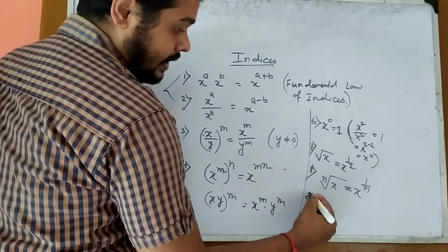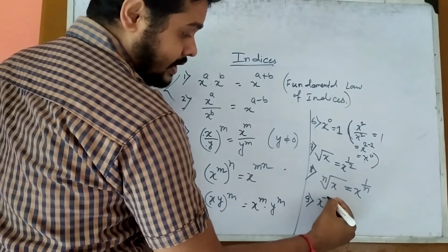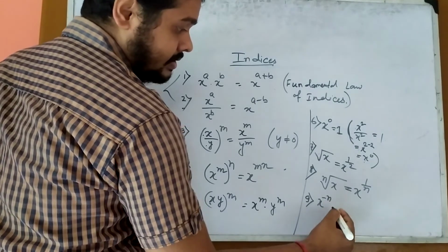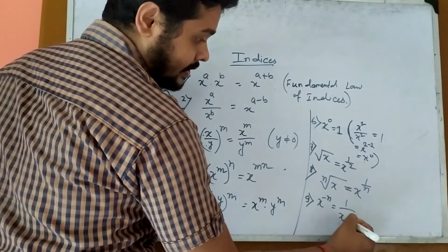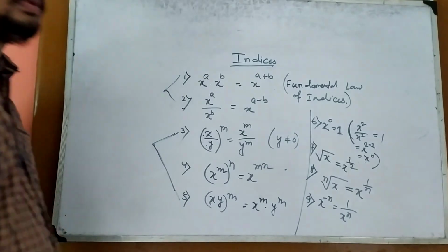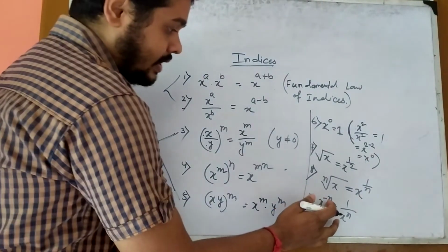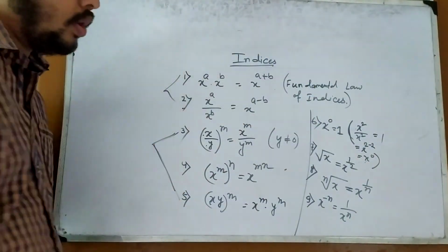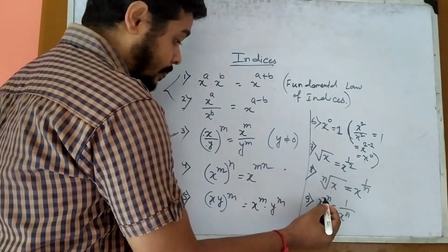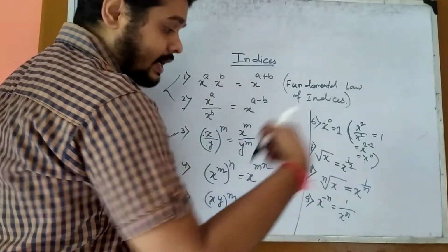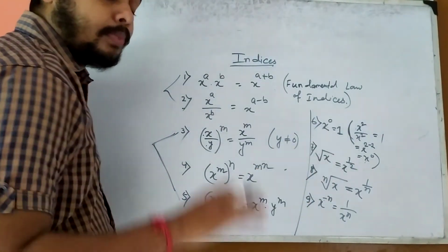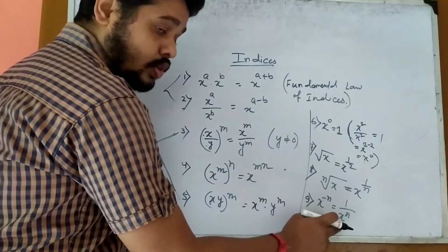And number 9, x to the power minus n means we can write 1 by x to the power n. Okay, x to the power minus n equals to 1 by x to the power n. When the indices are in negative form, that time it will be in positive form in the denominator portion.